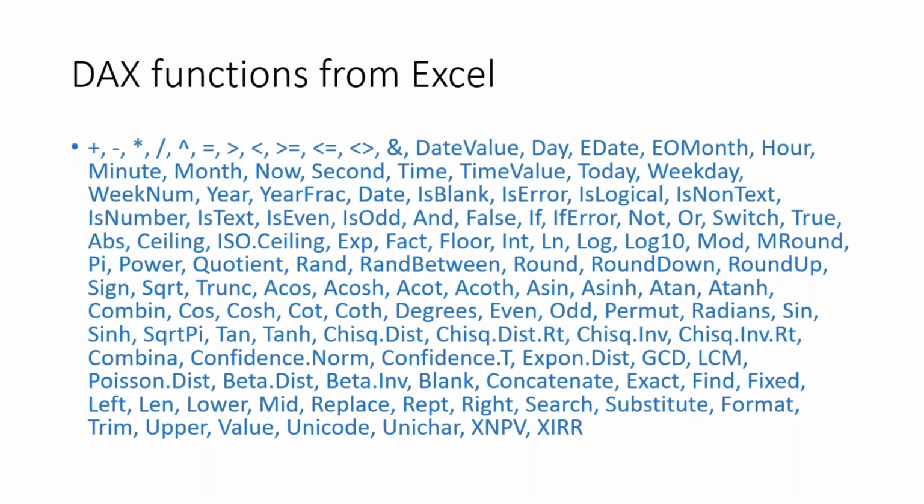So what's special about this category of DAX functions? Because they come from Excel, which is a cell-based calculation model, all these formulas are based on individual values. The inputs are individual values, and values can be of different data types. It can be a number, an individual date, a string, or a Boolean value.